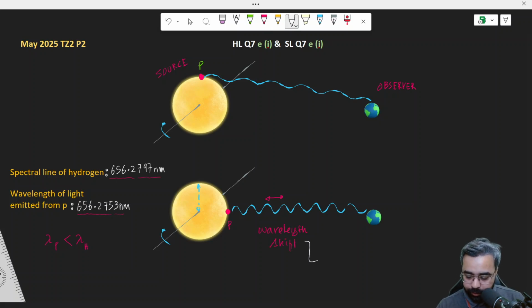In the Doppler effect topic we call it blue shift, which means that the source is moving towards the observer, and this decrease in wavelength is a clear sign that the point P is approaching towards earth.